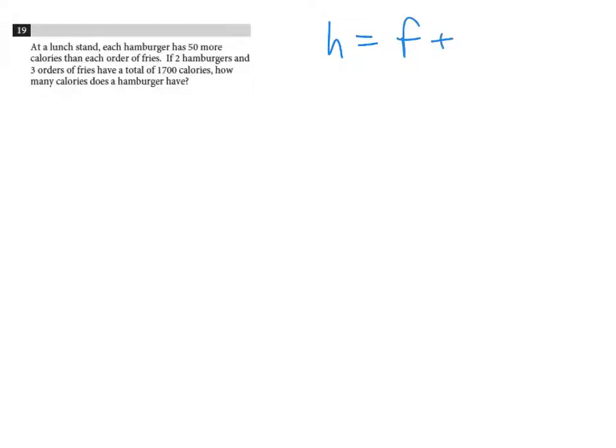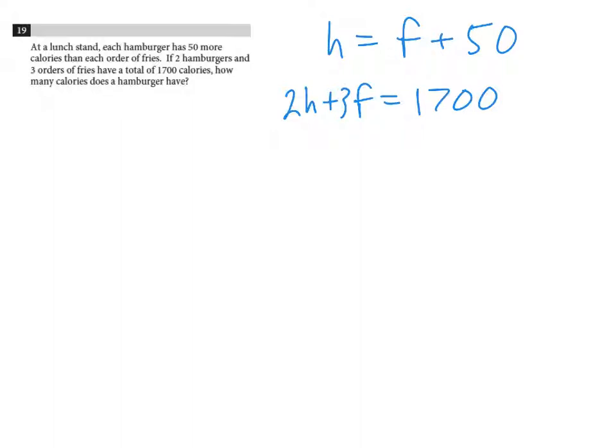So fries plus 50. And we know that 2 orders of hamburgers plus 3 orders of fries has a total of 1,700 calories. And we want to figure out how many calories a hamburger has.